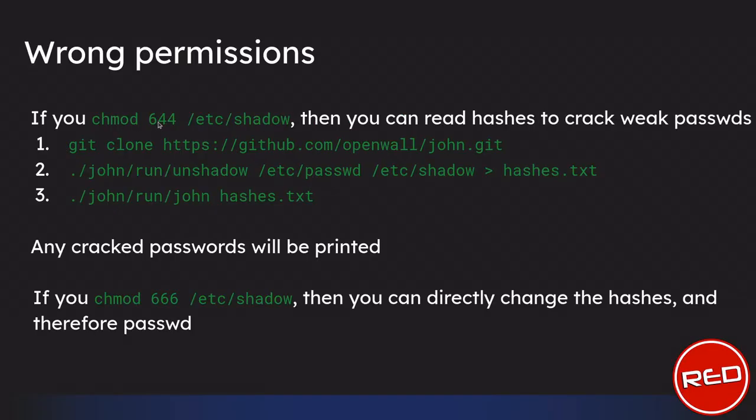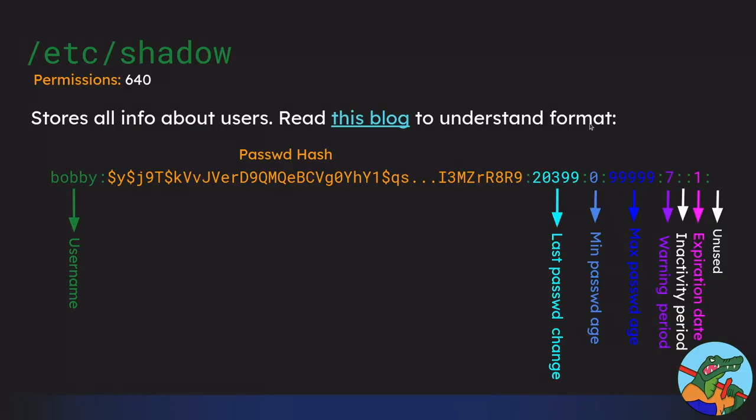If we made it 644, then anyone could read those hashes, and they could use a password cracking tool, for example Hashcat, or in this case, I'm going to show you how John works, to crack that password.